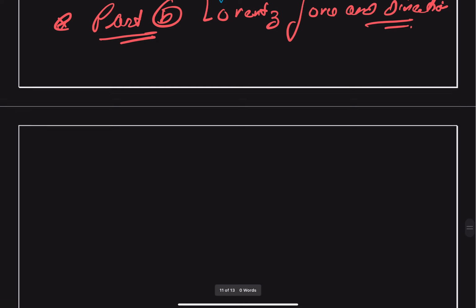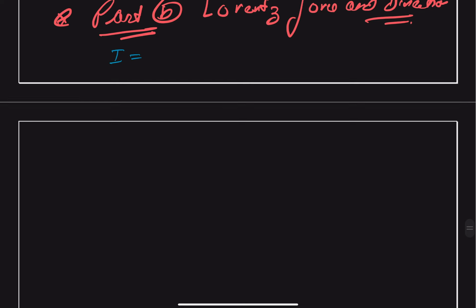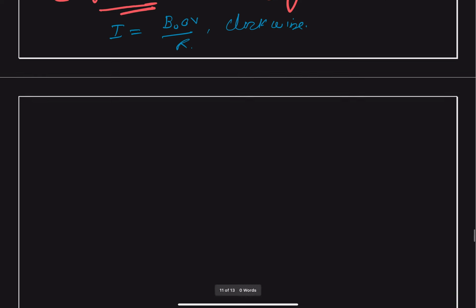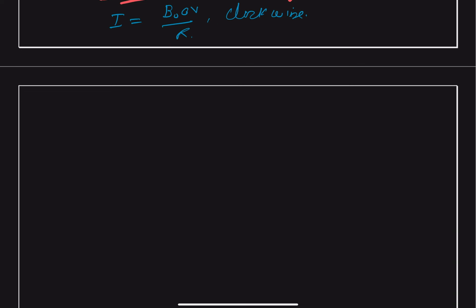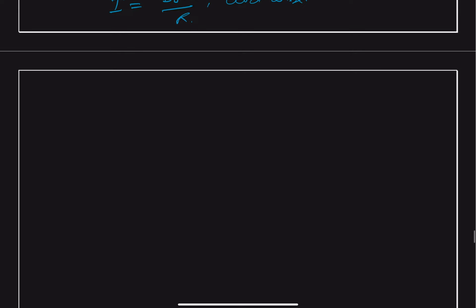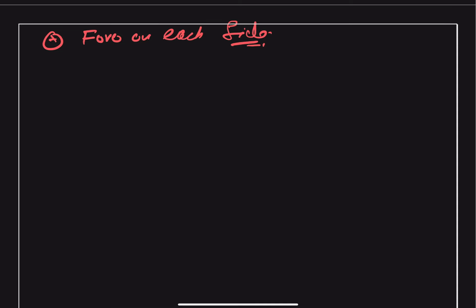Now the current we already know, we just found that the value of the current I is equal to B naught A times V divided by R, direction clockwise. So it means the force on each side, because we have four sides, so we can say force on each side.